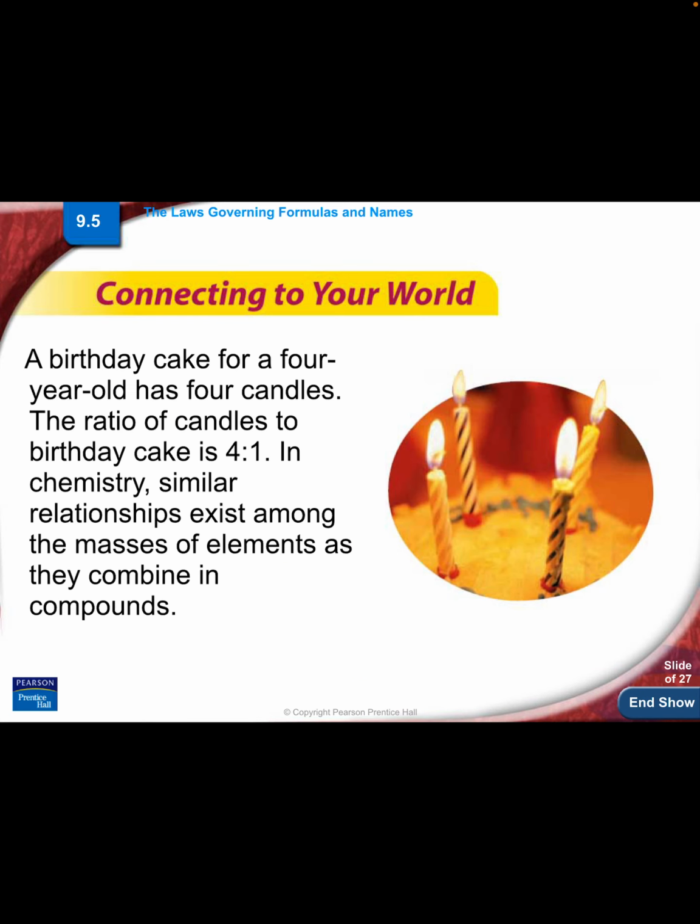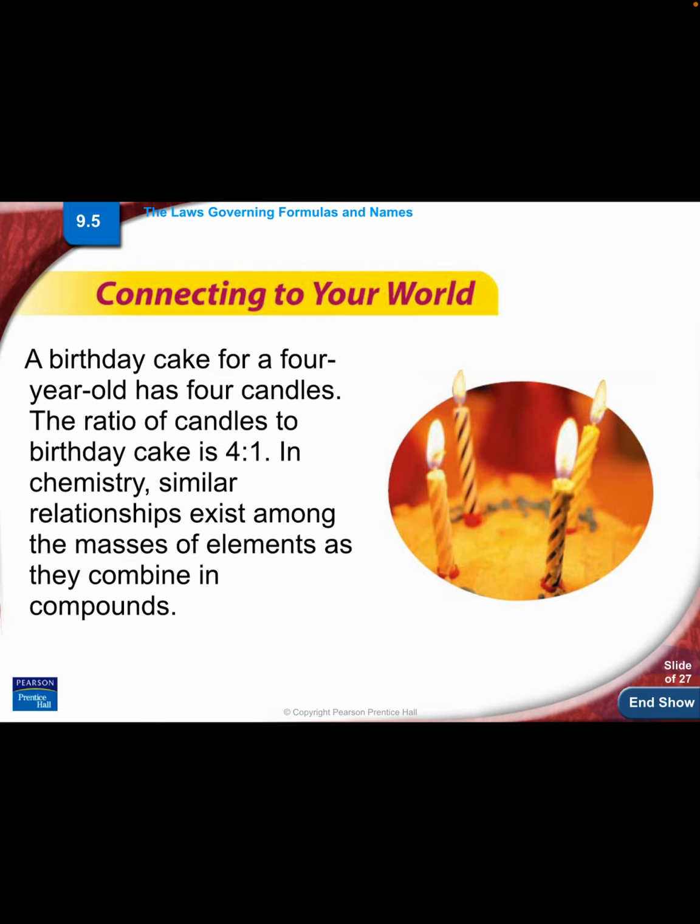We can quickly go through this material, which is just a quick summary of the 2 rules originally proposed by John Dalton, who we've met before, an English chemist from long ago. In fact, one of them was called Dalton's Law of Definite Proportions. A birthday cake, in this example here, for a 4-year-old has 4 candles.